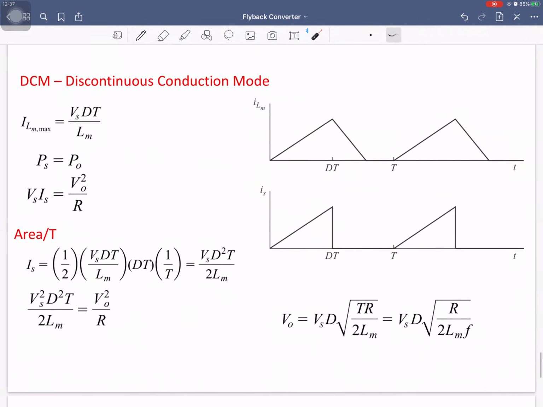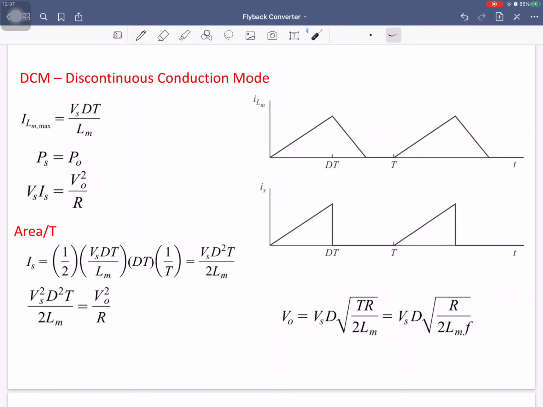Okay, now let's look at the discontinuous mode. As we have already seen, if our inductor current becomes 0 before the start of the next cycle, then it is the DCM. So our magnetization current becomes 0. We have already seen the expression for the change of current through the magnetization branch.